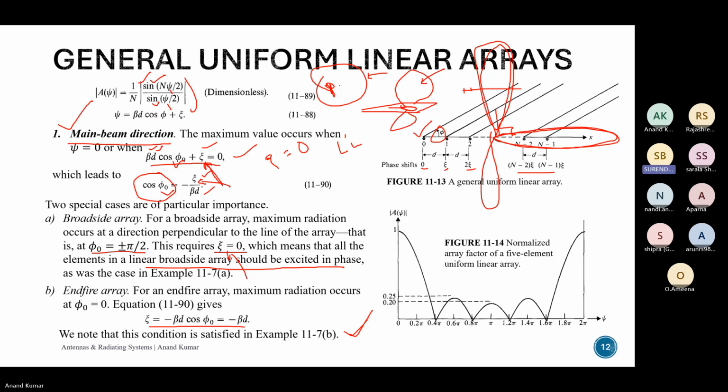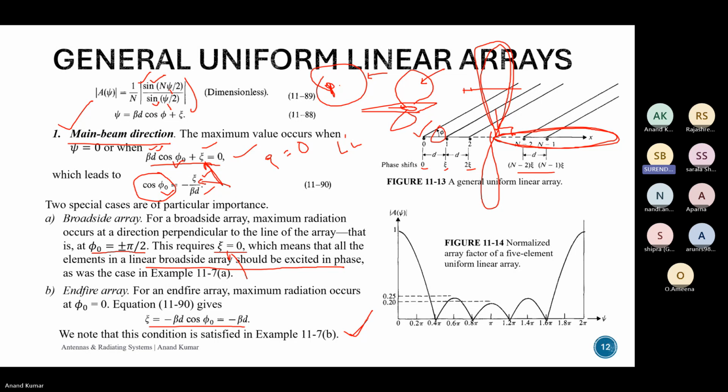Hello, Anand sir. Yes, hello, Surendra. This is Surendra. You are explaining about phi naught equal to plus or minus pi by 2. Then the radiation pattern is in the broadside direction, and if phi naught equals 0, then it comes to the end fire direction.